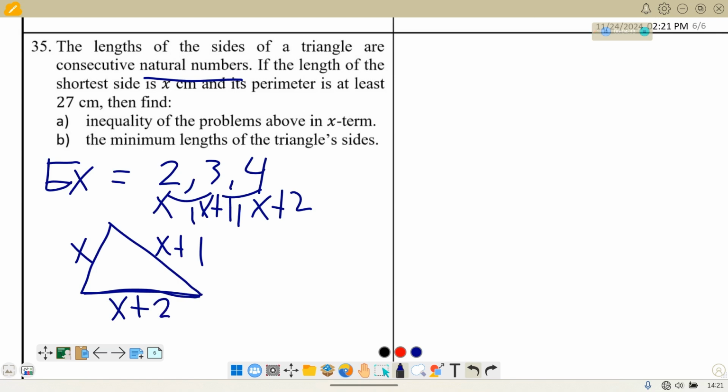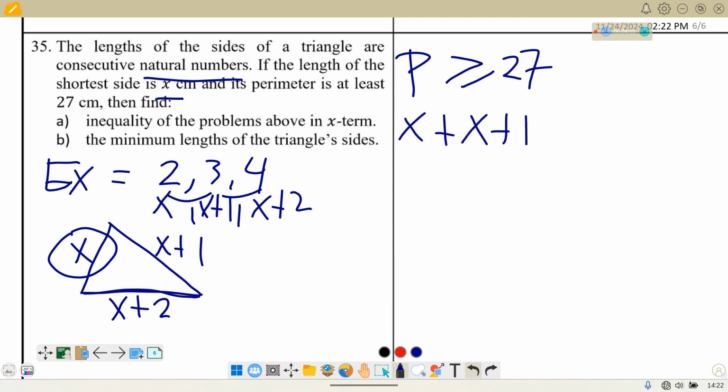Then if the length of the shortest side is x, and its perimeter is at least 27 centimeters, so the perimeter is bigger than or equal to 27. So x plus x plus 1 plus x plus 2 is bigger than or equal to 27.